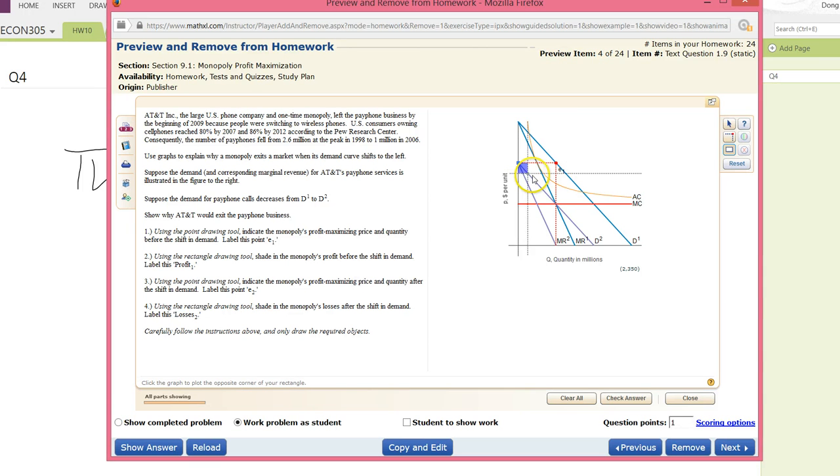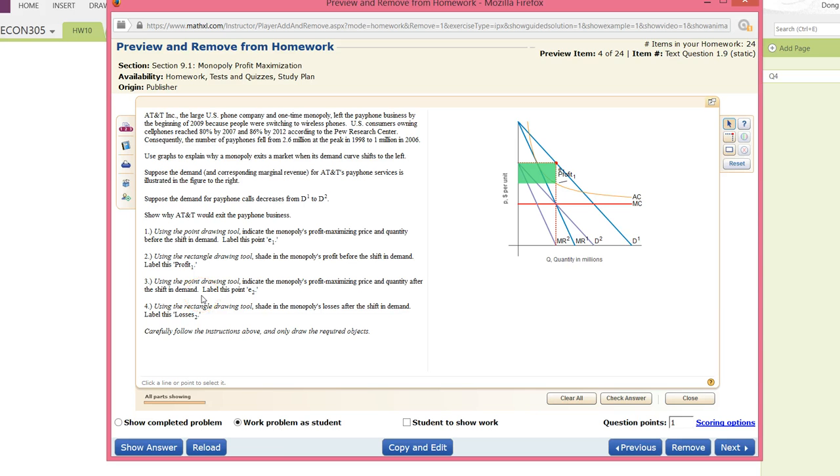The vertical length of this rectangle is the distance between the equilibrium point and the AC, and the horizontal length of this rectangle is the output, and their product becomes the area of this rectangle. So that's my profit before the demand shift, profit 1. And that's the first part.